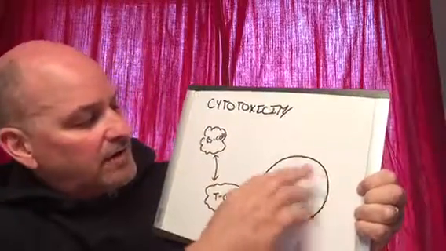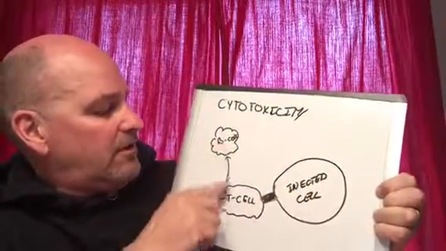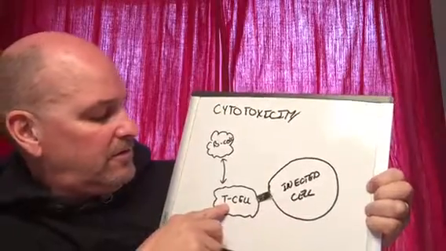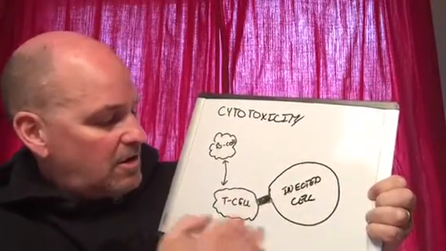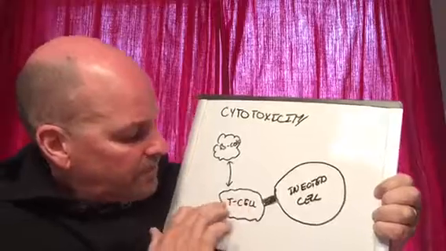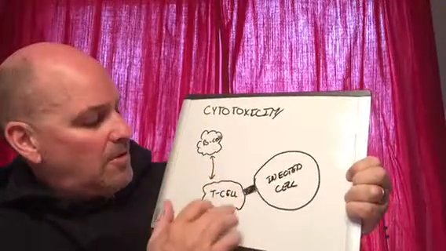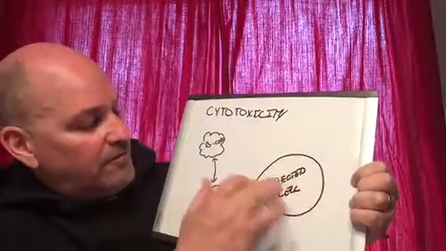They find an infected cell. The B cells notify the T cells, which is the army, the specialized forces. T cells, along with helper cells, latch onto the infected cells and inject the damaged cell or the sick cell with a poison that kills the cell.